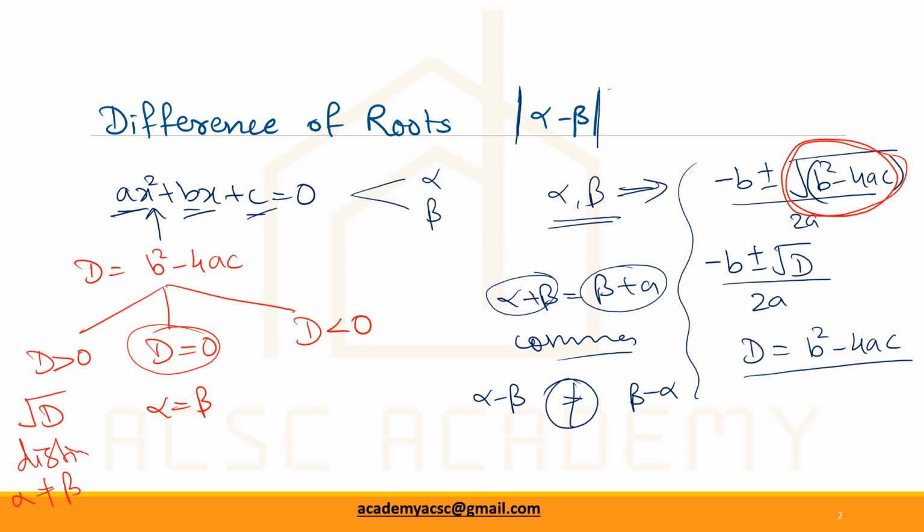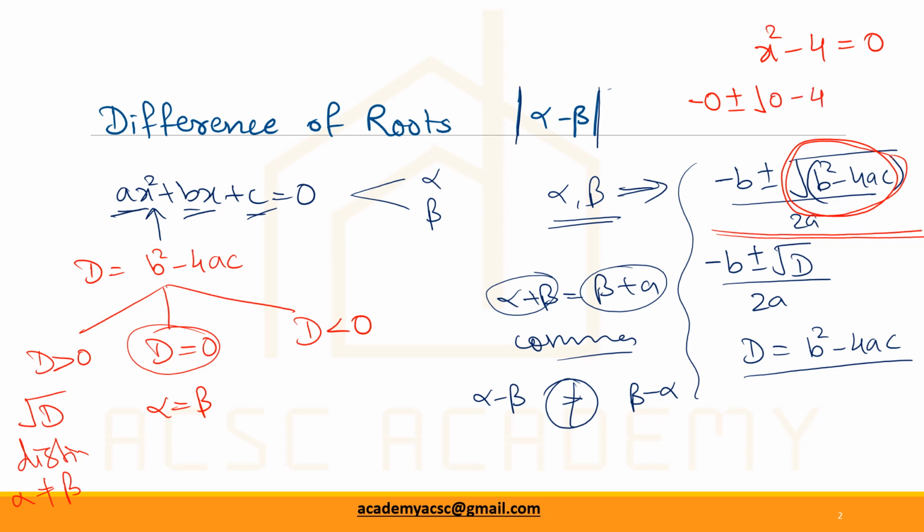What is an example of such a quadratic equation? You can say x squared minus 4 equal to 0. Now for this quadratic, if you try to find the root by the completing the square method, what will you get? Minus b, where b is 0 over here, so minus 0 plus minus root over of b squared, which is again 0, minus 4a c.